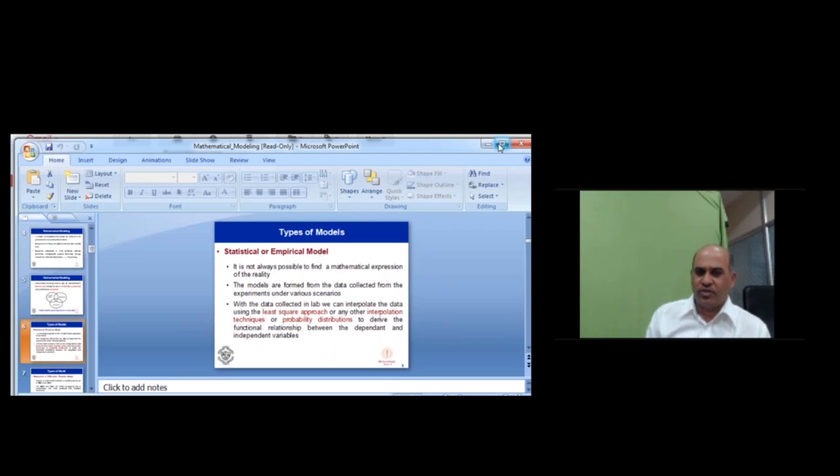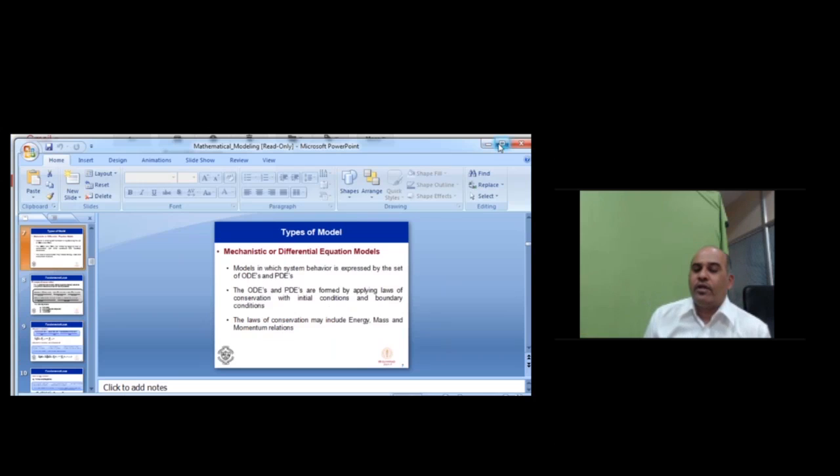Another type of model is called the mechanistic model or differential equation model, in which system behavior is expressed by a set of ODEs and PDEs. ODEs stands for ordinary differential equations, and PDEs for partial differential equations. So we are representing our system, our plant, which may be small or any complicated system, in terms of differential equations or partial differential equations.